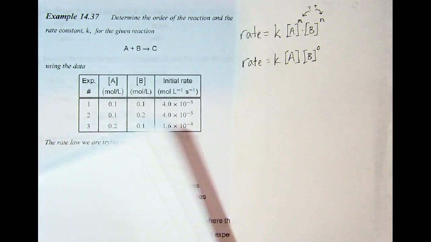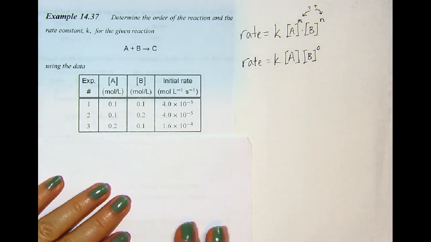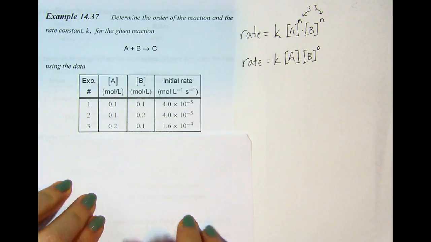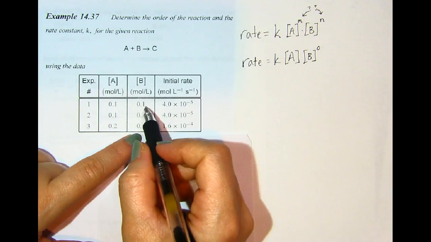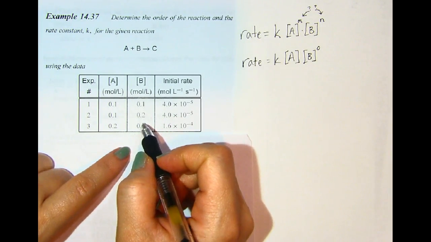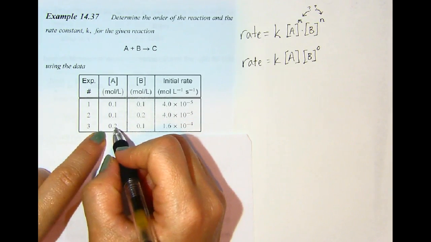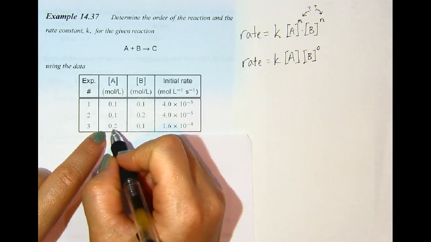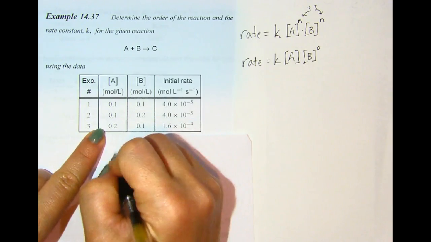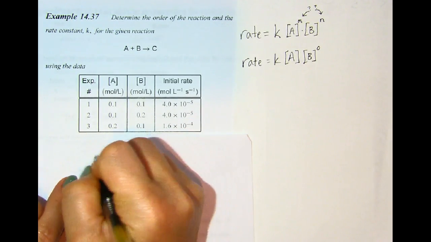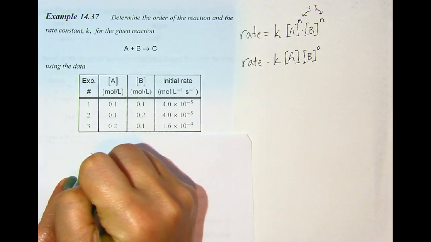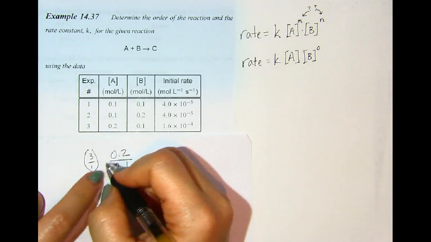Okay, now let's figure out what the order is for A. So I need to pick 2 experiments where B is not changing, in this case experiment 1 and experiment 3. Between 1 and 3, 0.2 is the greater value, so I'll put 0.2 over 0.1, so it's experiment 3 over experiment 1.